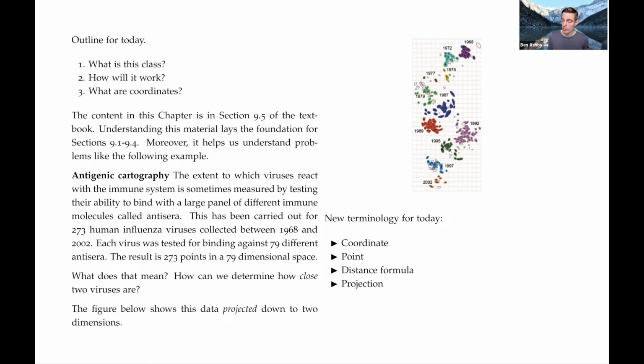The figure shown on this first slide is actually information from 79 dimensions projected down onto 2 dimensions. So although we're very familiar with working in 3 dimensions, because that's the 3-dimensional space that we live in, mathematically they can be extended into many dimensions.